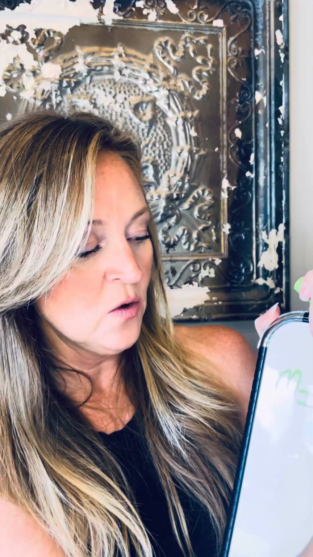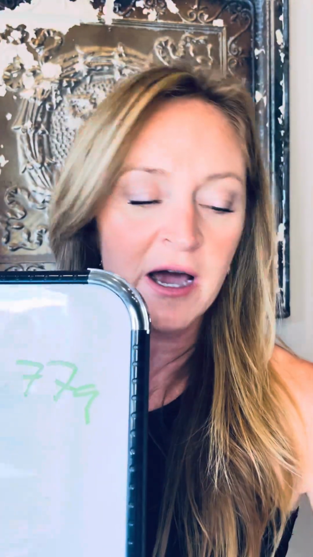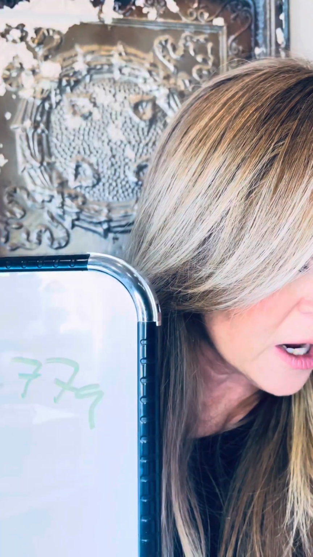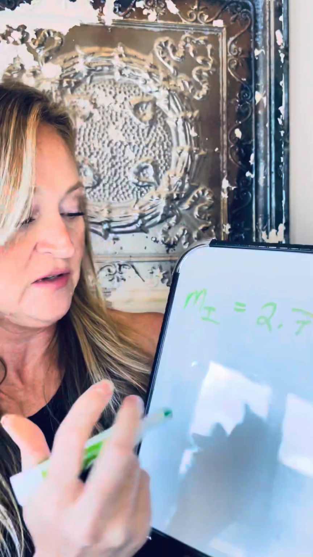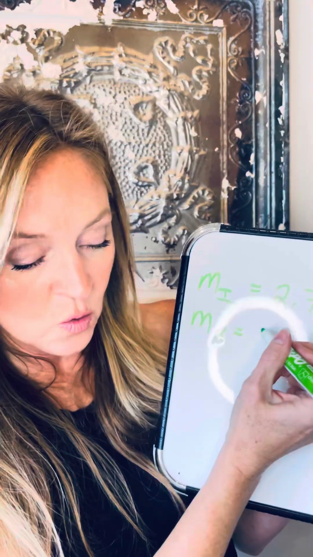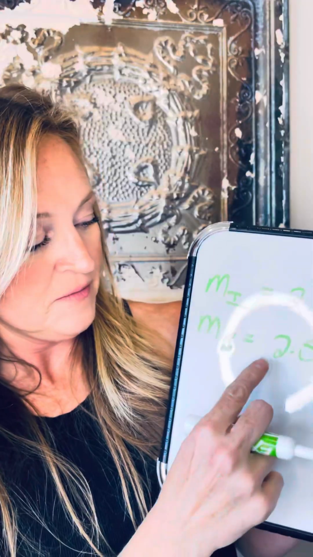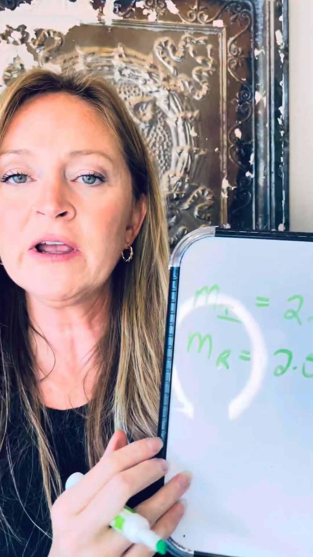Mass initial was 2.77 grams, okay? And then let's say I tallied up how much iron, salt, and sand I got, and my mass recovered was 2.56 grams. So mass, and I'm going to put an R for recovered, was 2.56 grams.